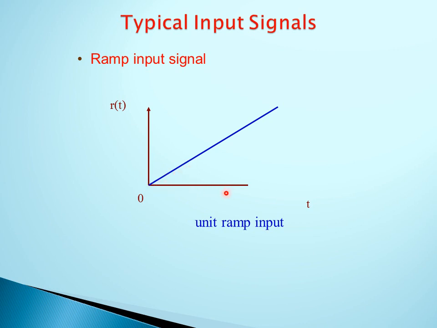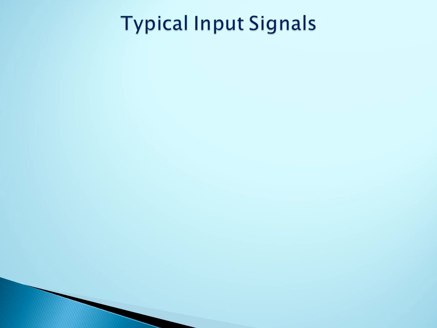When the time increases, the response also increases. So this is a unit ramp input signal. It can be represented as t for t greater than or equal to 0, otherwise it is 0. This is a ramp input. And the next one is the parabolic signal.